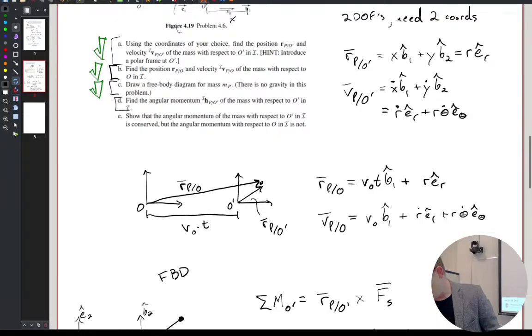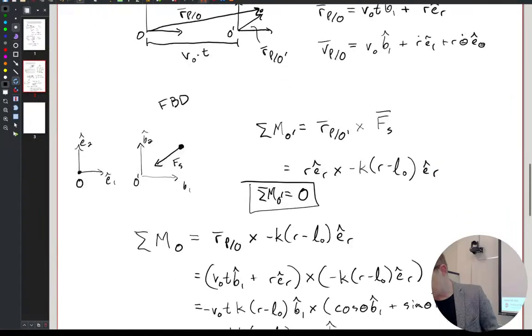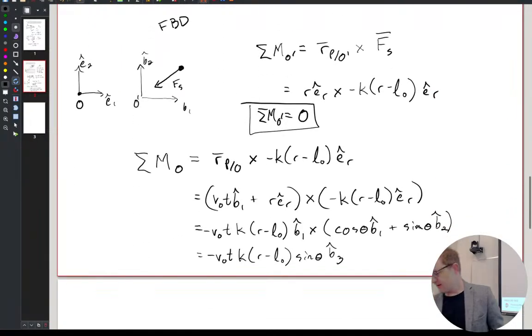All right, so coming back here, what is the sum of the moments equal to? Sum of the forces is a change in linear momentum.